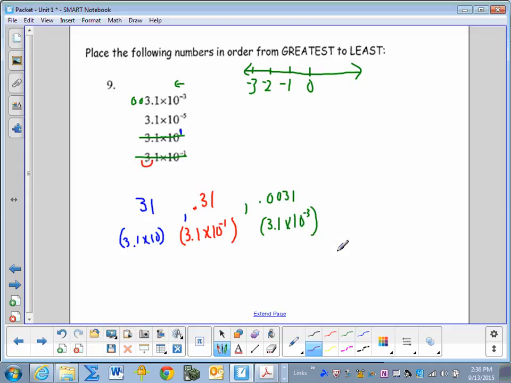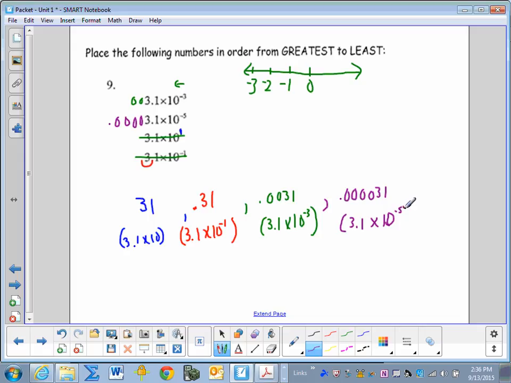And then 10 to the negative 5. We're going to move that decimal 5 spots to the left. 1, 2, 3, 4, 5. So that's 0.00031, or 3.1 times 10 to the negative 5.